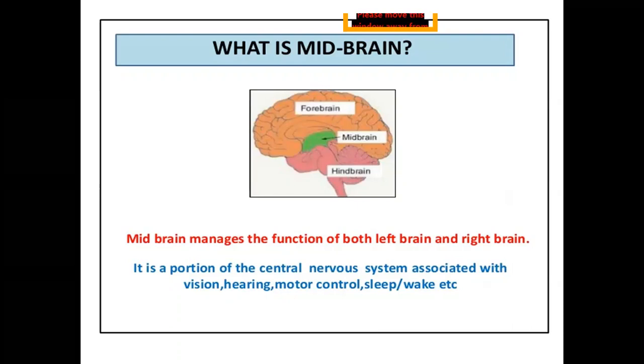Together with the strong communication between the cerebrum and cerebellum, which is mainly accomplished by the midbrain, a fine tuning of muscle occurs. Apart from this, it is concerned with vision and hearing: whatever we hear and whatever we see is interpreted in this part of the brain.